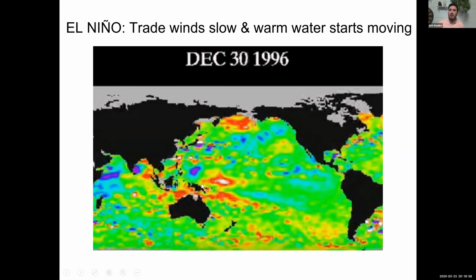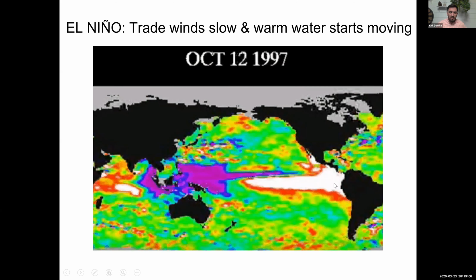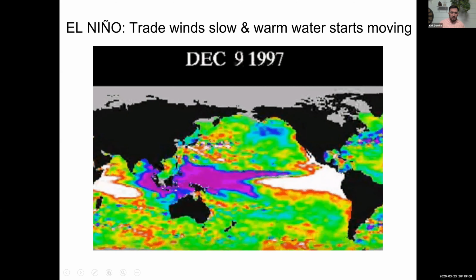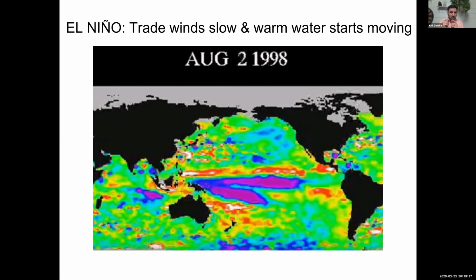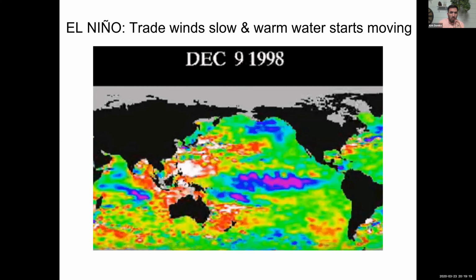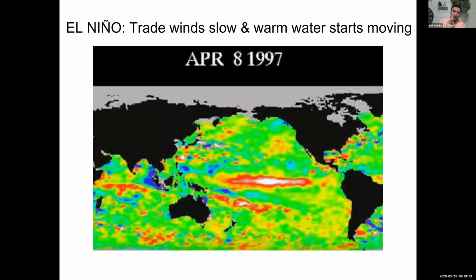So January, February, April, now it's on its way in late spring. And by July and August, you see the warm water pool up over there. The reason this pool of warm water takes somewhere between 6 to 12 months to find its way across the Pacific Ocean is something we mentioned before: it has to go against the flow of the equatorial currents, against the flow of the trade winds.